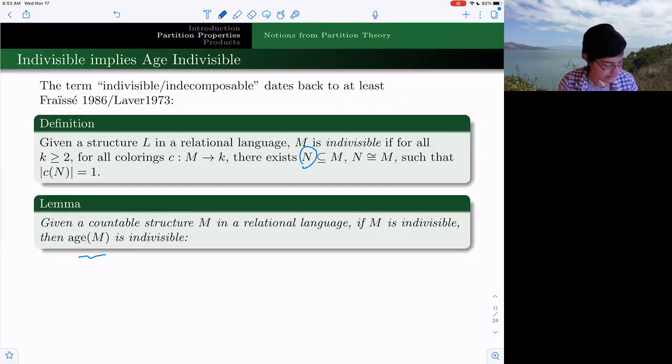All right. So in terms of the implications here, this one should be relatively easy.